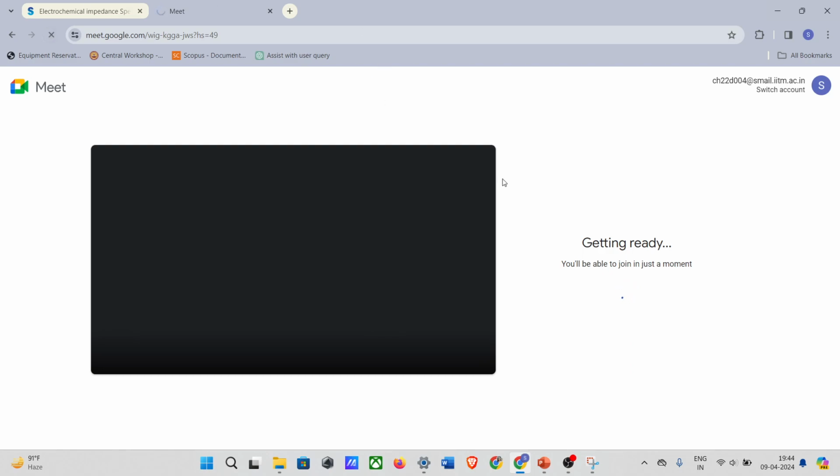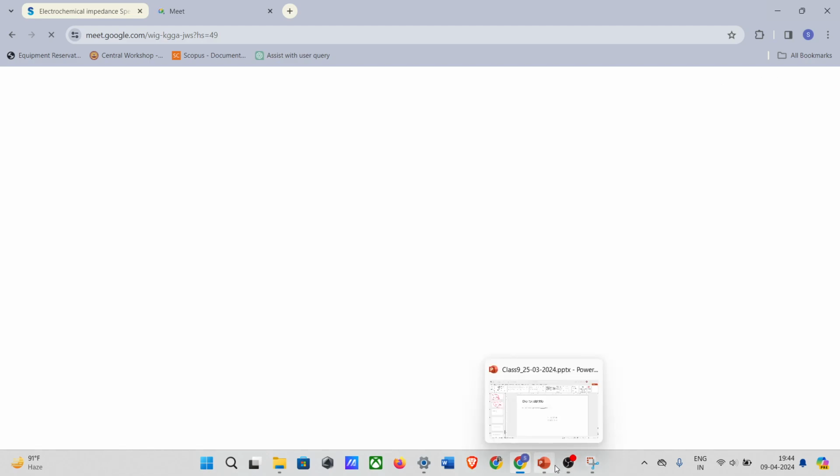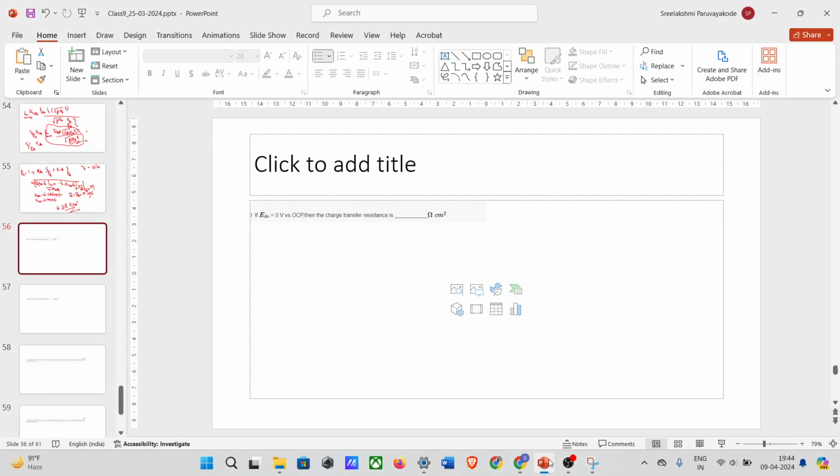So when EDC equal to 0, you know that... So I'm audible through my phone, right? Yes, you are audible. So the thing is, I'm asking if EDC is equal to 0, how will it affect the rate constant? So it will affect the rate constant. How?